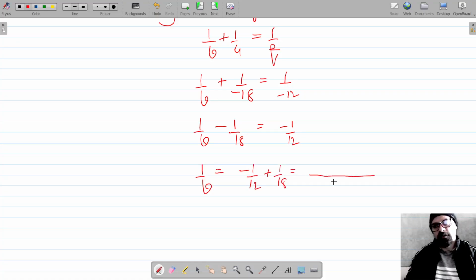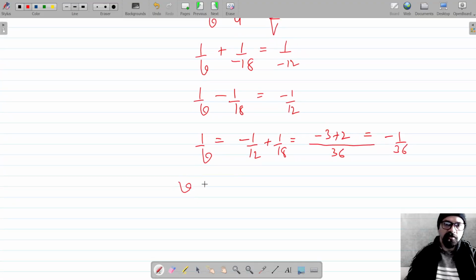The LCM of 12 and 18 is 36, so this is negative 3 plus 2, which is negative 1 by 36. So that means v is equal to negative 36.